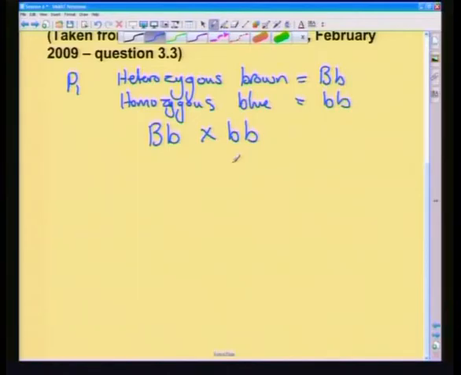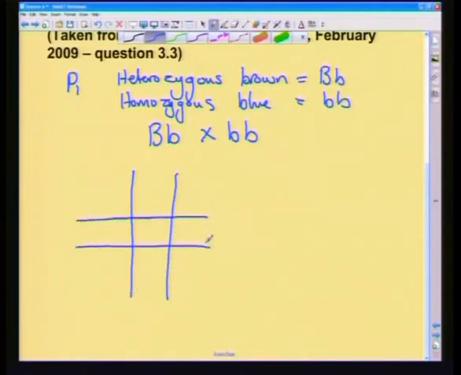Now the first thing that's going to happen is we are going to have meiosis. So let's take our Punnett square. All right, and here we are going to have our gametes. And the gametes are produced by meiosis. All right, very important to put that in.